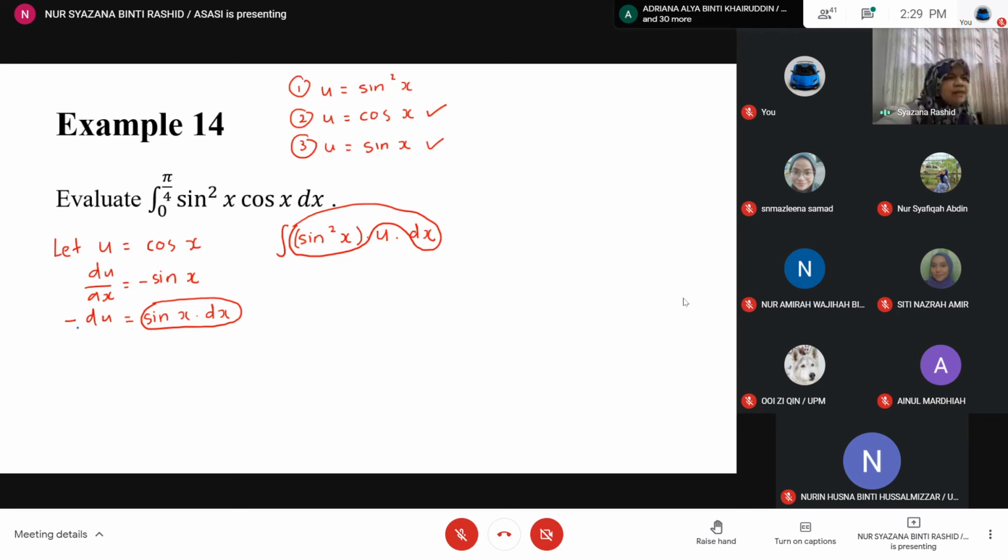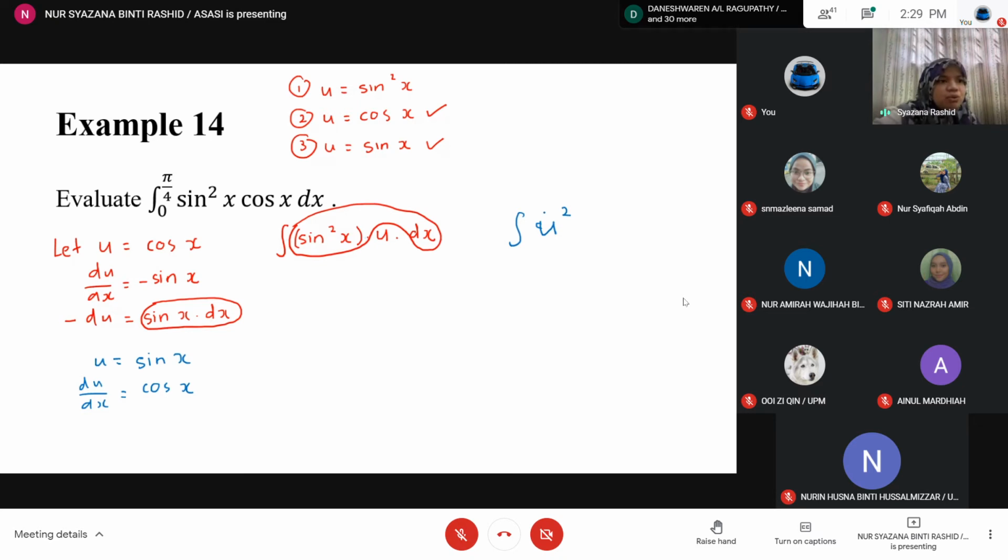I'm using a different color so you boleh bezakan. U equals to sine x. Differentiate. I start to change it. It's no more sine, but it is u power 2, because it's sine x power 2.